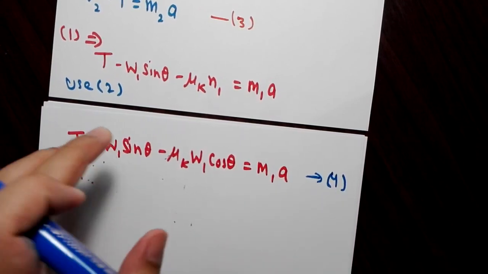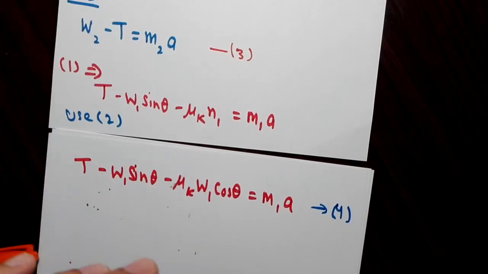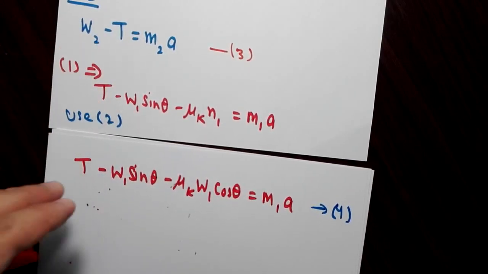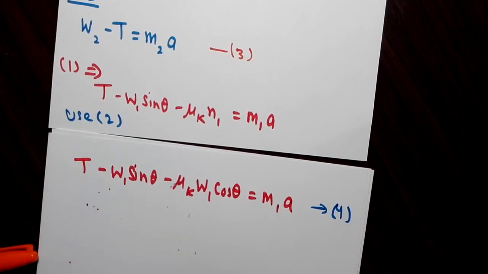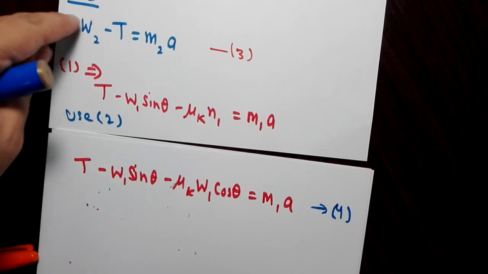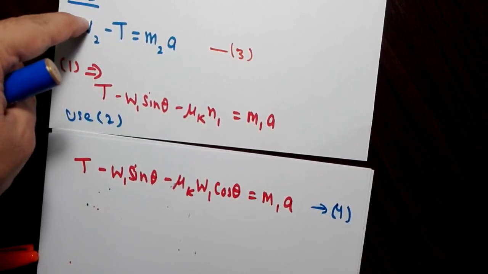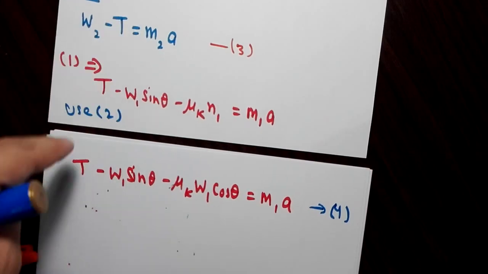Now we need to get rid of tension, because we need our answer in terms of the variables, and typically we know the masses, the angle, and the coefficient of kinetic friction. So we can add 3 and 4 to get rid of tension. You can see that if we add, the tension cancels out.